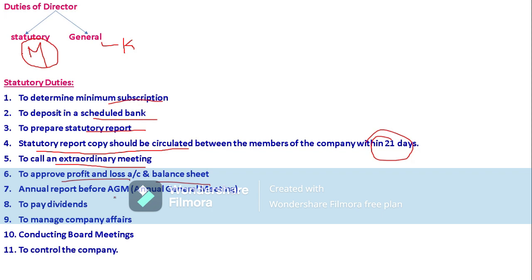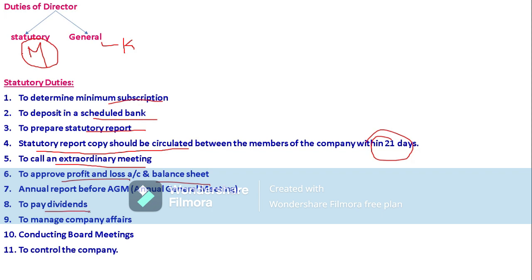In that annual report, as I said before, the changes, the updates, or the financial performance of the company, everything should be informed, and it should be presented in the annual general meeting by the directors.